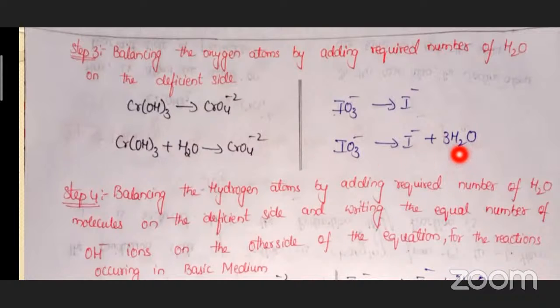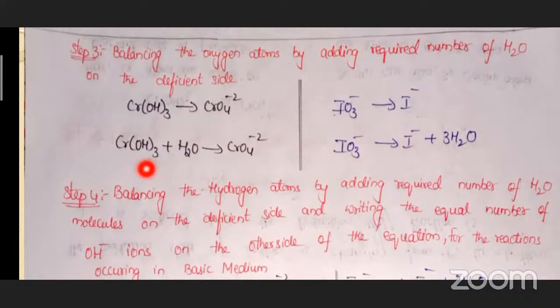Now we have to balance which element? Hydrogen. Whenever balancing the hydrogen atoms, we have to see whether the reaction is carried out in acid medium or basic medium. This is a basic medium because we know that Cr(OH)3, OH means it is a base. Metal hydroxides are bases. That you should understand.